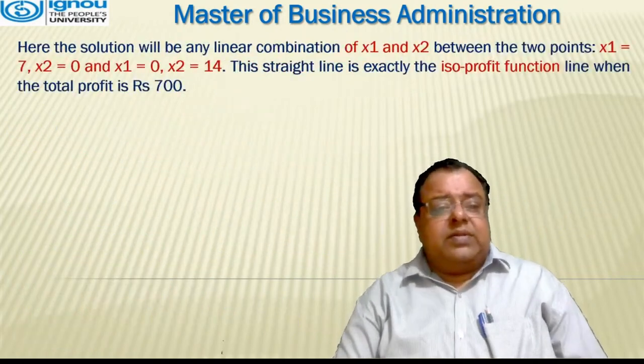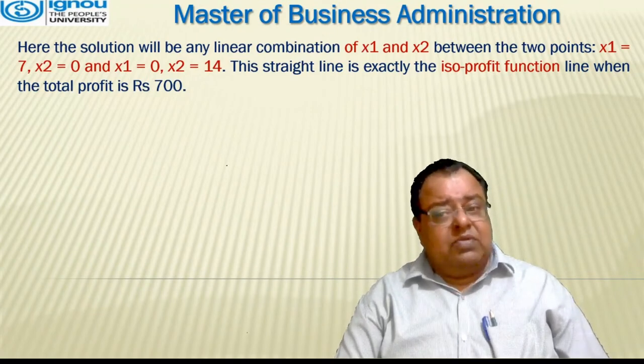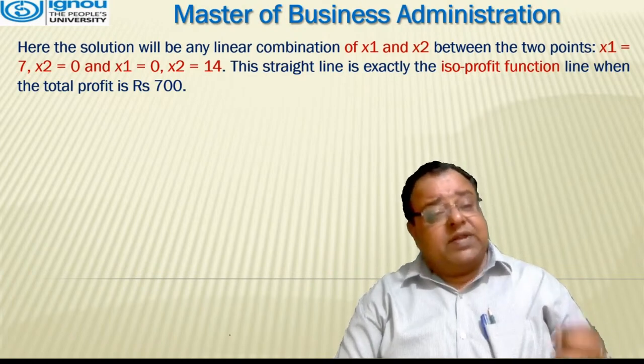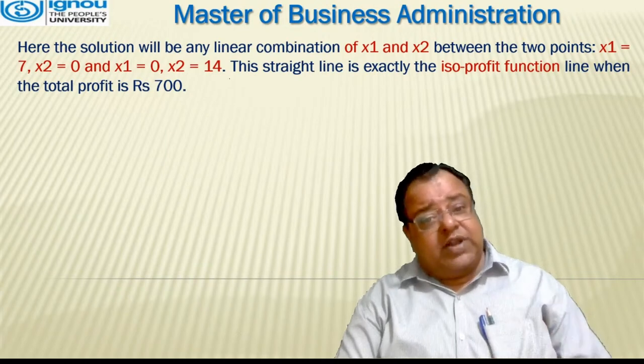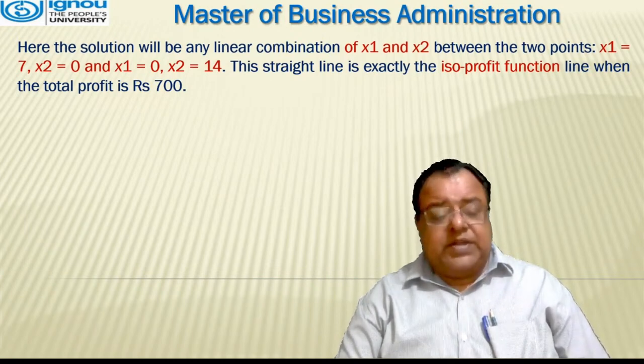Here the solution will be any linear combination of x1 and x2 between the two points x1 equal to 7 and x2 equal to 0, and x1 equal to 0 and x2 equal to 14. This straight line is exactly the iso-profit function line when the total profit is rupees 700.